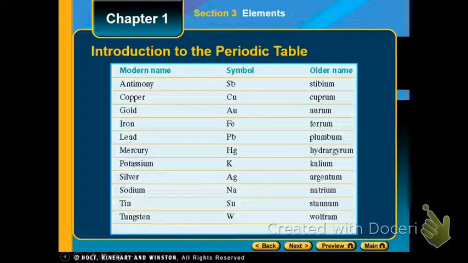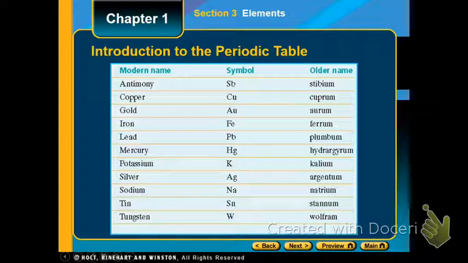For instance, hydrogen, the first letter is H, so that's its symbol. Or helium, since H was already taken, the first two letters are used, H and E. First letter is always capital. The second letter is always lowercase, so that's the general way in which the names and symbols are going to match up. But we've got some where the symbols and names don't match up, and it's because you have several.